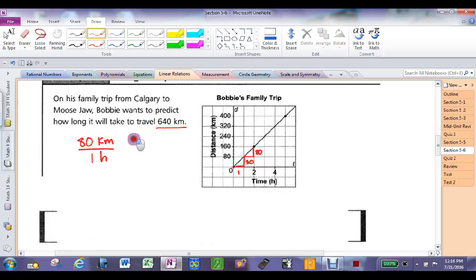And we already know that 320 km is 4 hours, don't we? And if they're on the same line, then what do we know about these two fractions? These are coordinates from that line, aren't they? So if they're on the same line, what do I know about those coordinates?